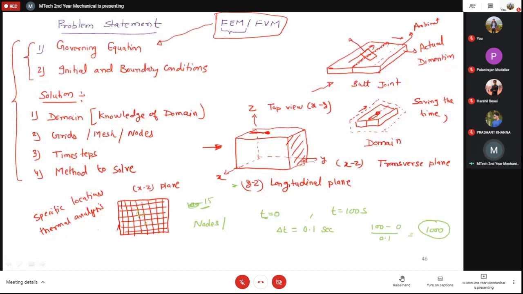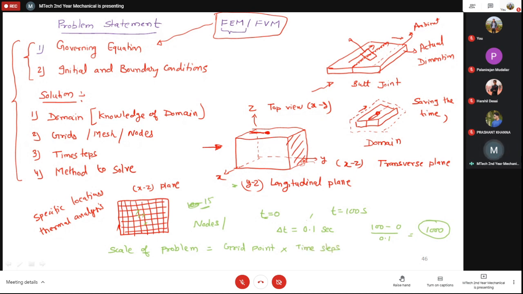So the scale of the problem is something which will define how much time your solver is going to consume. The larger the scale of the problem, the more time your solver is going to take to solve the problem. It is generally explained as the number of grid points multiplied by the number of time steps.